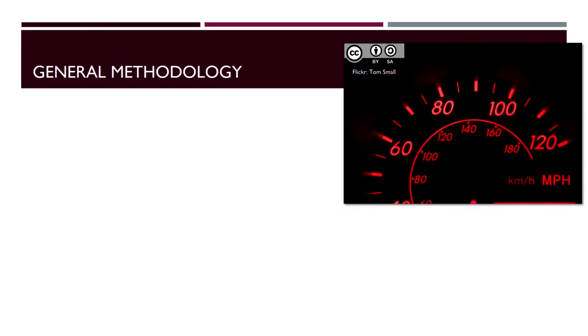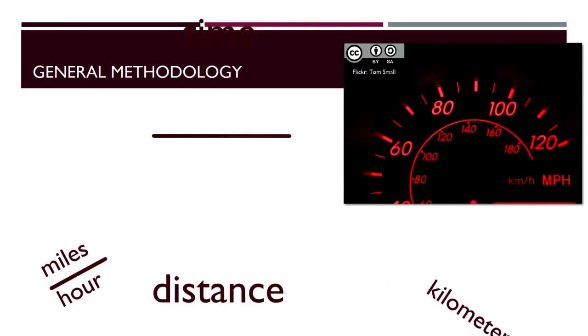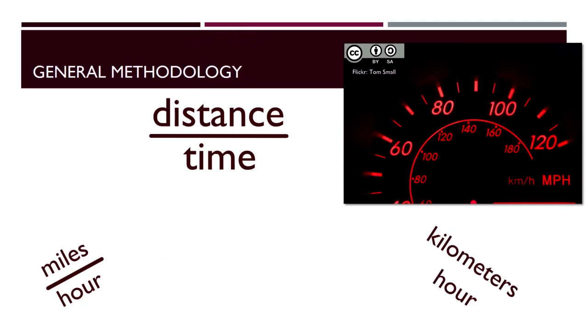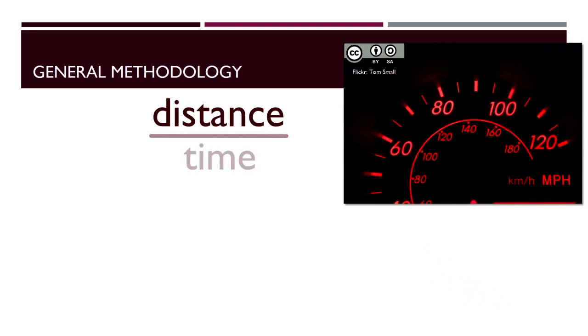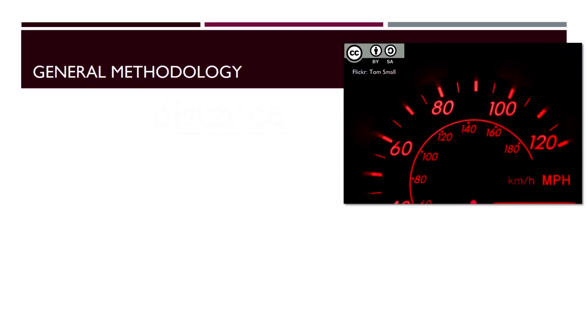So here in the United States, we use miles per hour. That's distance per time. In other parts of the world, the common measurement of speed is kilometers per hour. We can see in this speedometer both units of measure are shown. We can see that 60 miles per 1 hour is about equal to 100 kilometers per 1 hour.